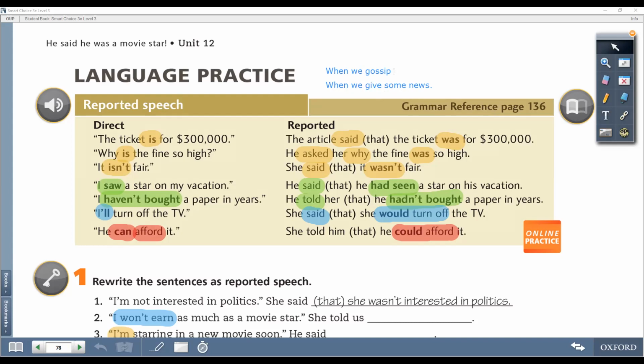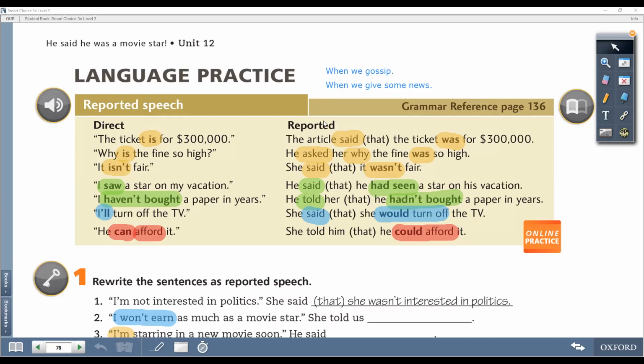Okay. So now, how can we use the language to report what somebody said? How can we use that more effectively, or in the correct way? So here we have some examples, right? Example, one person says, oh, the ticket is for $300,000. Remember the ticket the guy got for speeding? Yeah.